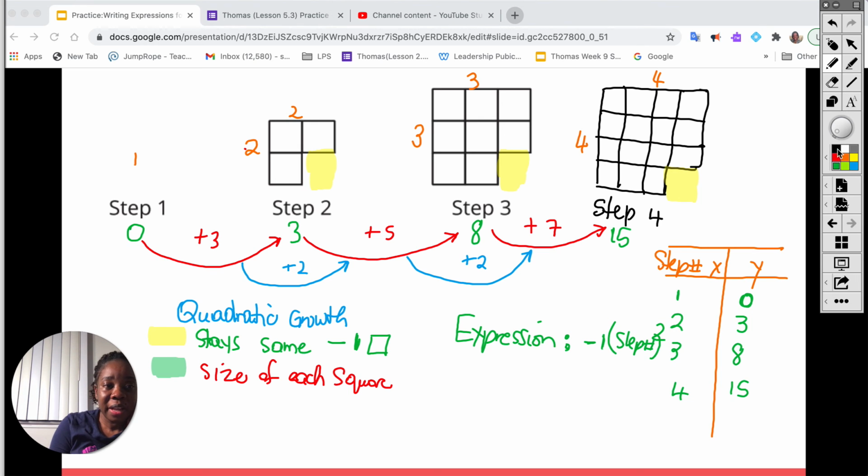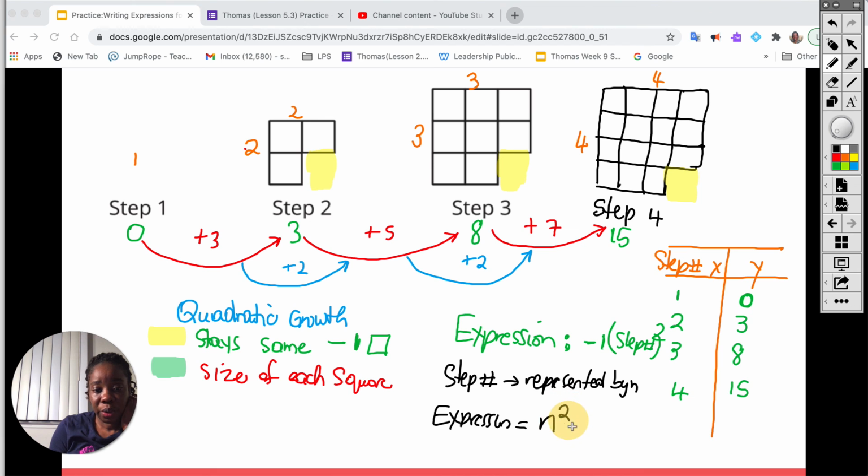And we want to say that our step number is going to be represented by n. So our expression is equal to n squared minus 1. And the 1 is, we're subtracting the 1 square.